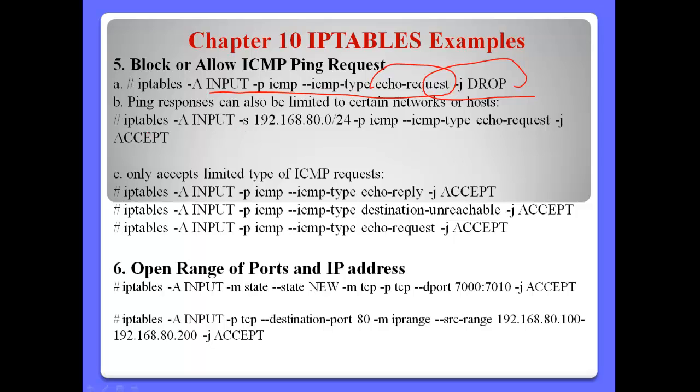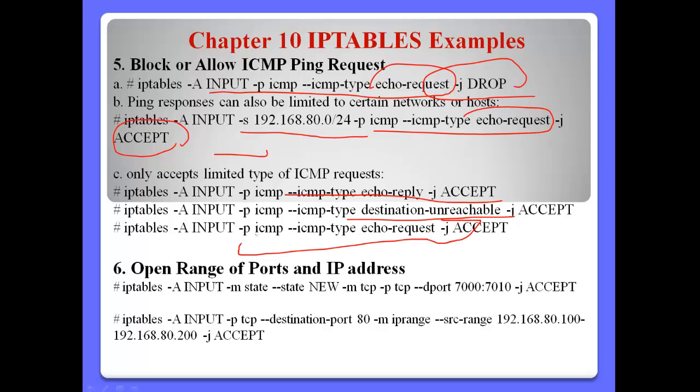But number 2, Iptables input, in this case with source address 192.168.0.0, the ICMP echo request packet will be accepted. Even if we blocked all the ping packets using ICMP by the default policy drop, here ICMP echo reply, destination unreachable, and echo request ping will be accepted.